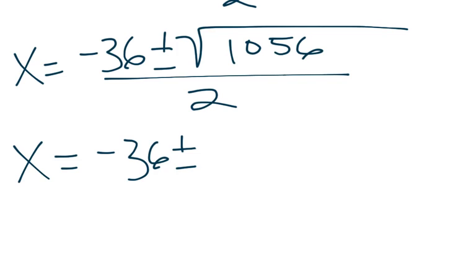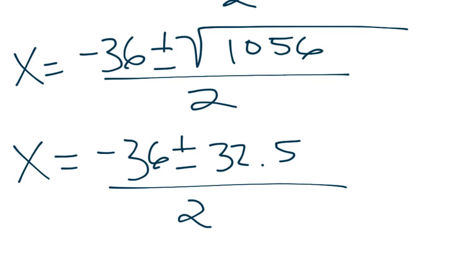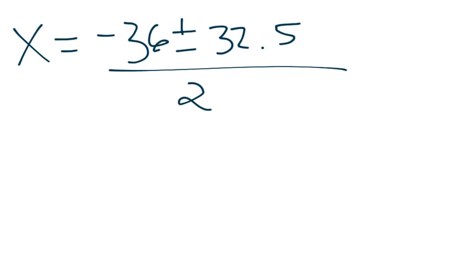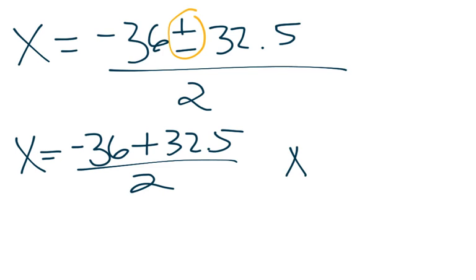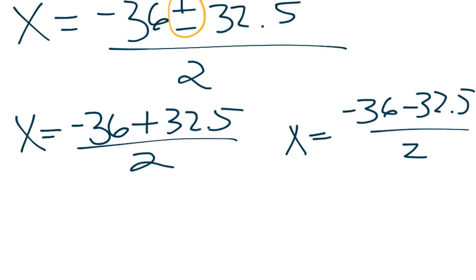So it is going to be 32.5 over 2. Okay, and we are going to split this up into two equations. So we have x equals negative 36 plus 32.5 over 2, or x equals negative 36 minus 32.5 over 2.